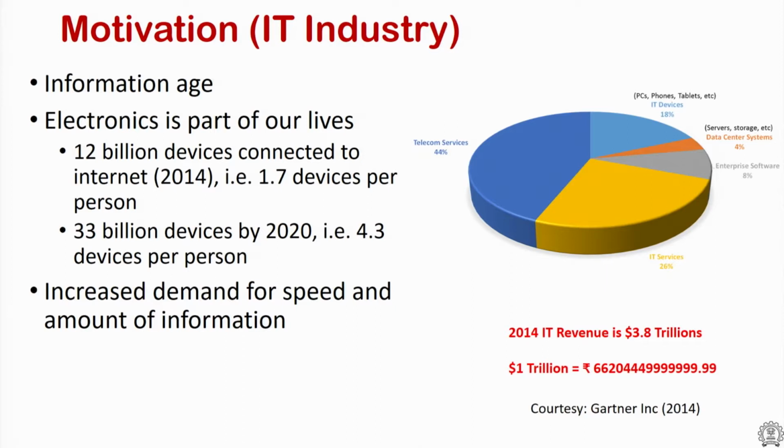To give you a perspective, as per a survey and report from Gartner Inc., there were about 12 billion devices connected to the internet by 2014, that is 1.7 devices per person. And by 2020, it is expected that there will be about 33 billion devices.